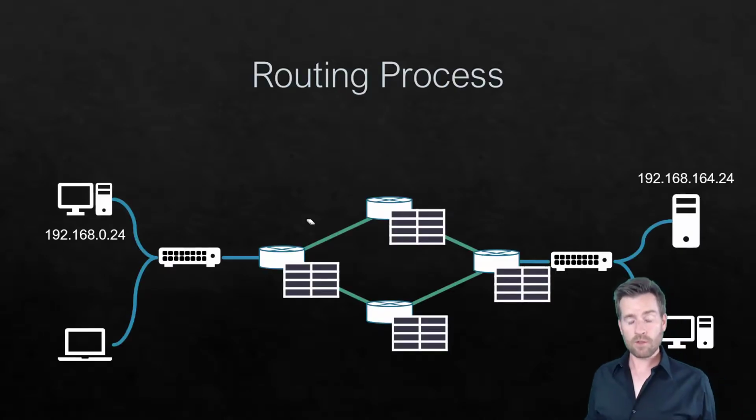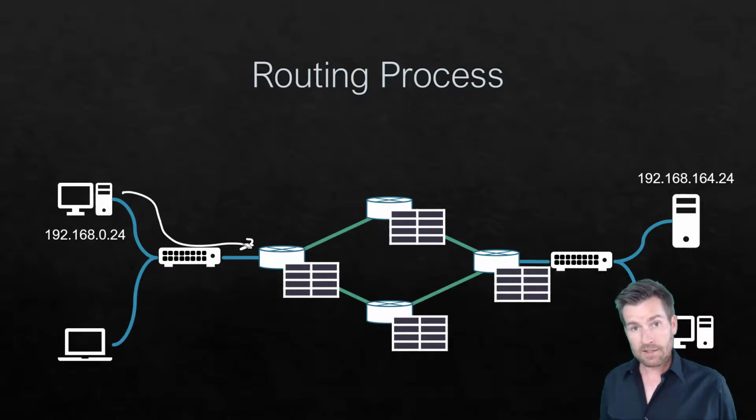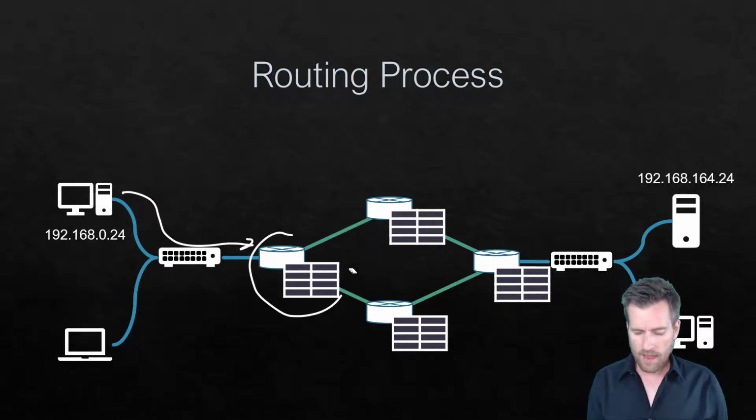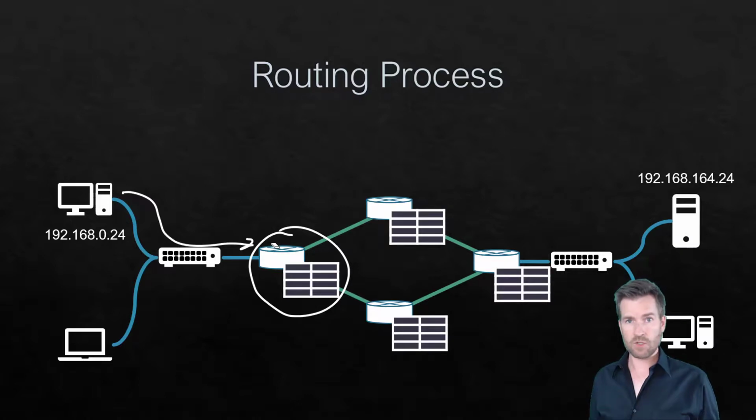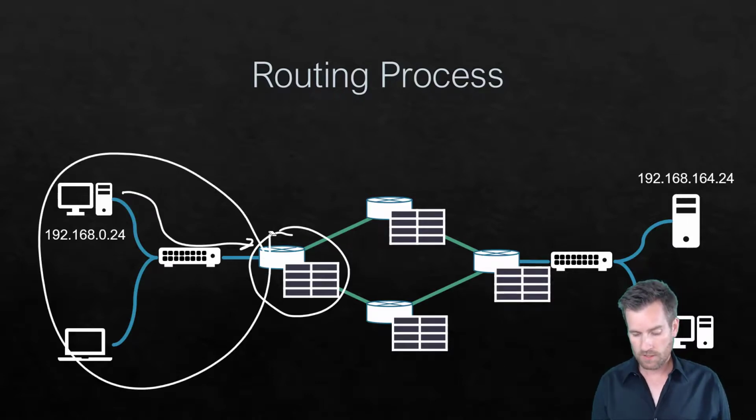So what that routing process looks like is a frame will actually come into this router, and that router will process that frame just like any other machine would process that frame. And that would be the layer 2 information that's in there.